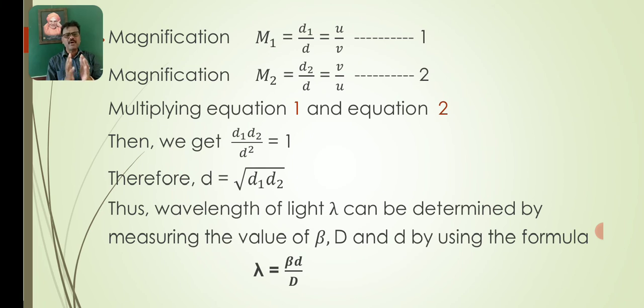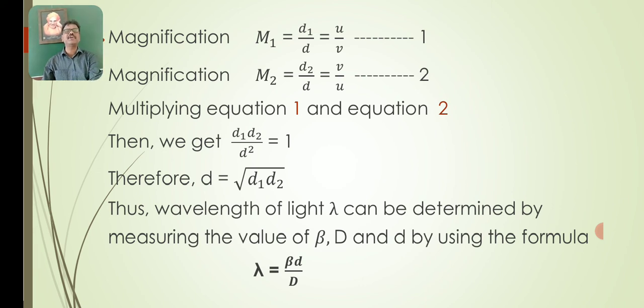Then the small distance d between the virtual coherent sources can be determined with the help of a lens introduced between the biprism and the screen, by forming diminished and magnified images.